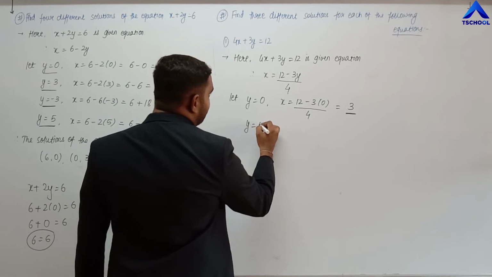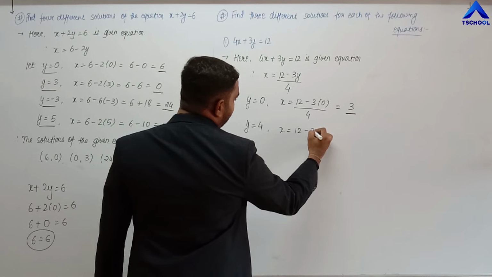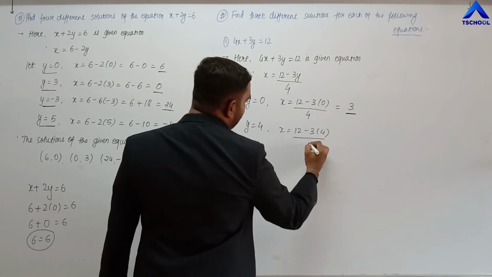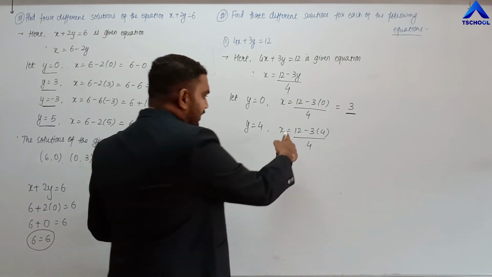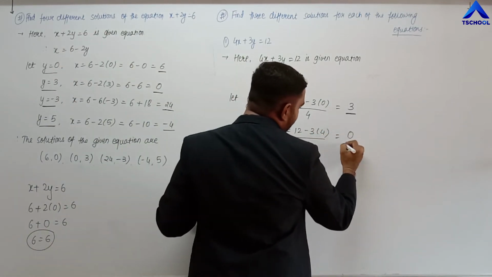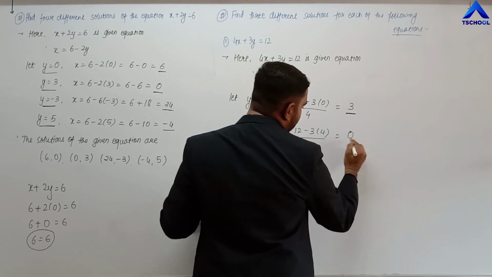Similarly, take y equals 4. So that is x equals (12 minus 3 into 4) upon 4. So friends, 3 into 4 is 12. 12 minus 12 is 0, and 0 upon 4 is again 0. So we got 0 here.